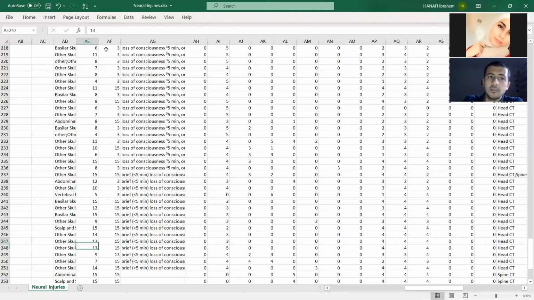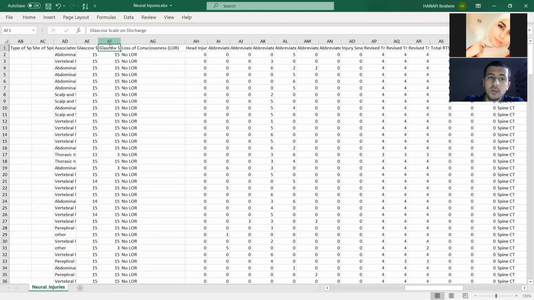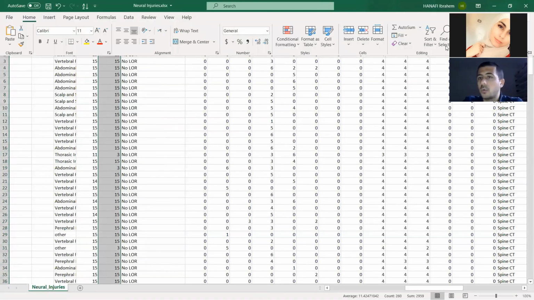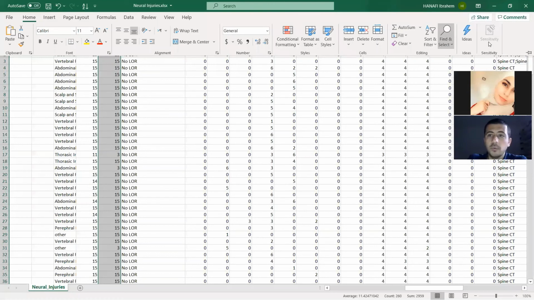Glasgow Coma Scale, I will sort them, for example, to view who were the worst and who were the best in that value. Sometimes I have missing values, and I know that the Glasgow Coma Scale is truly important for neural injuries. So I will go back and make sure to meet the doctor who treated them, and I will get the data for that.